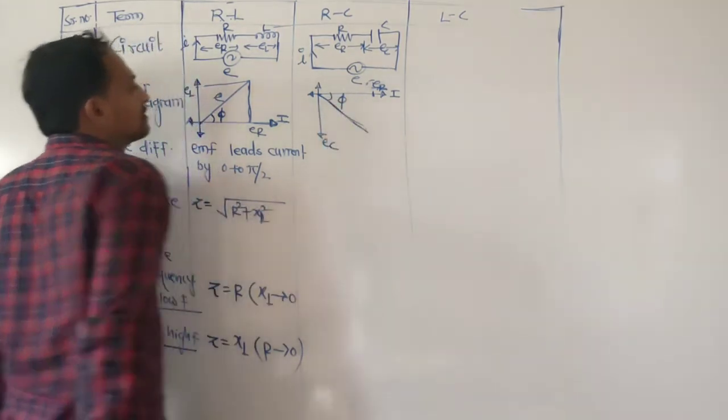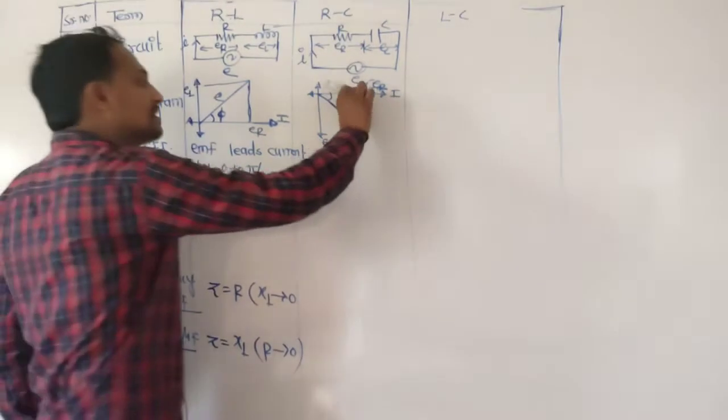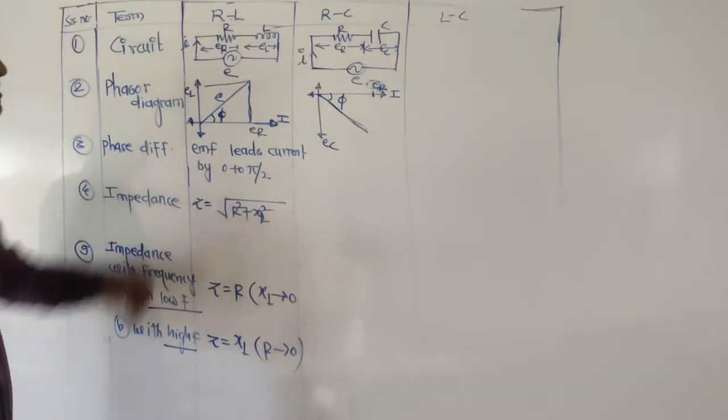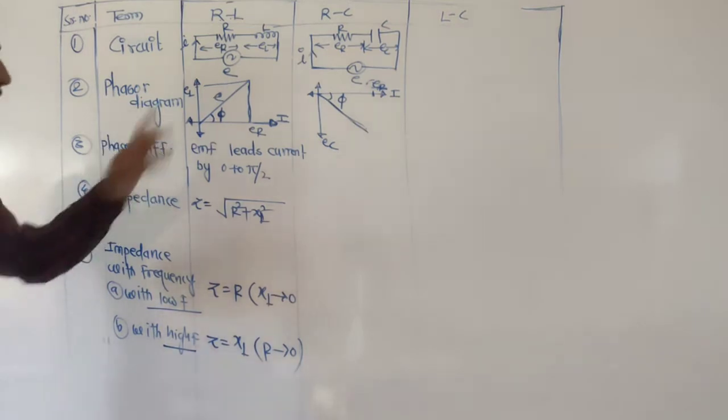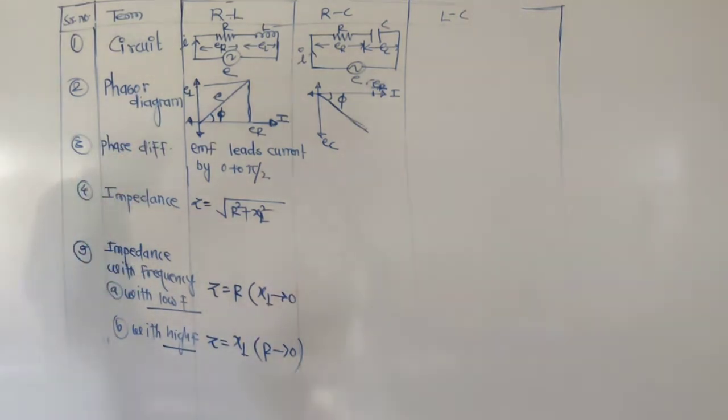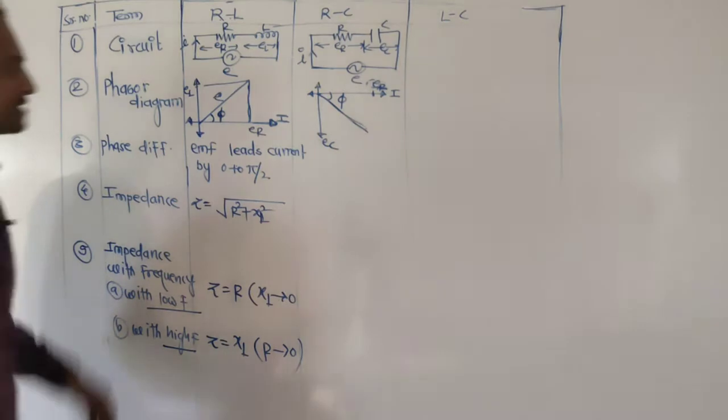Here we have phase difference phi, which varies in this range. So current leads EMF, or EMF lags behind current by 0 to pi by 2.